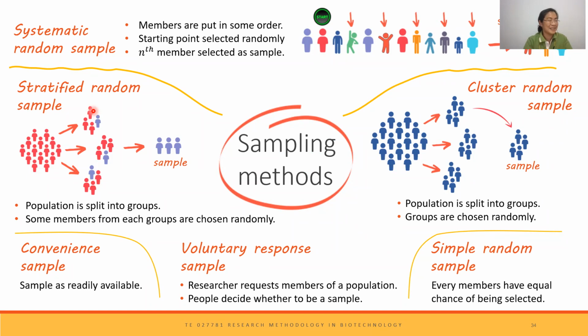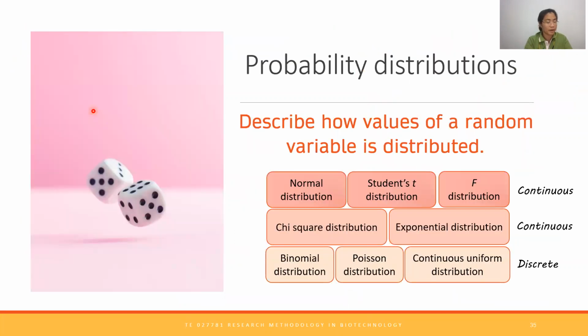The next thing after sampling method that I want to talk about is probability distribution. I will talk in general and give just a few examples for you to get the idea of how each type of probability distribution differs from the others. But really what we use most are only a few of them.